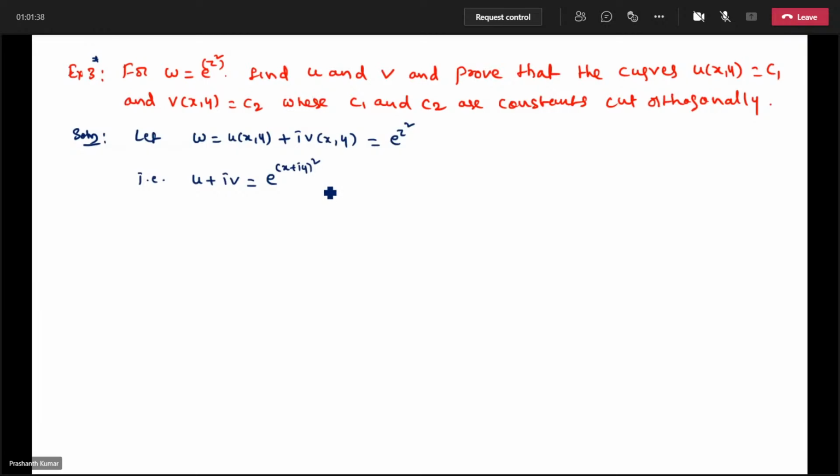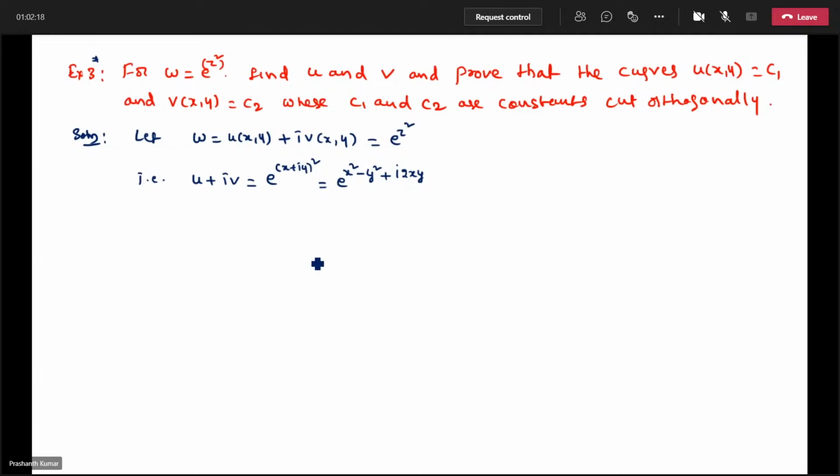So this is equal to e to the power of x square minus y square plus i into 2xy, because I am writing the real part and the imaginary part separately.